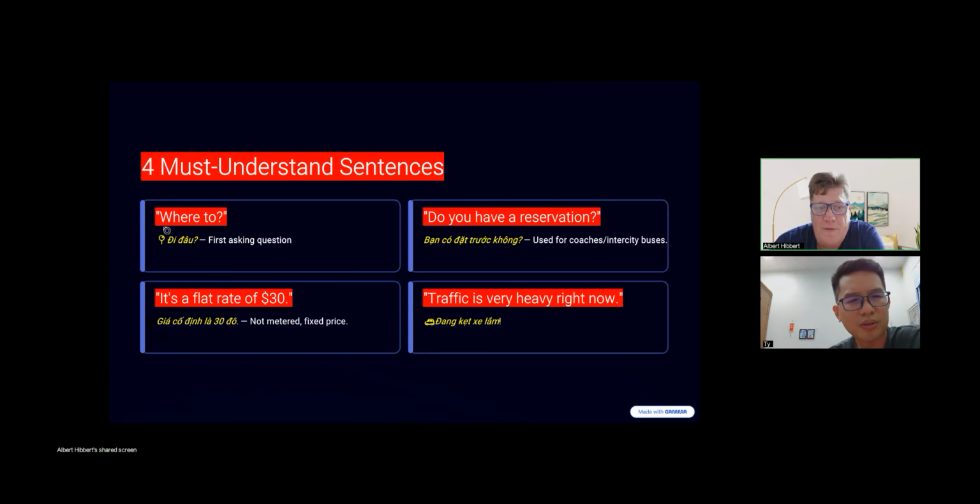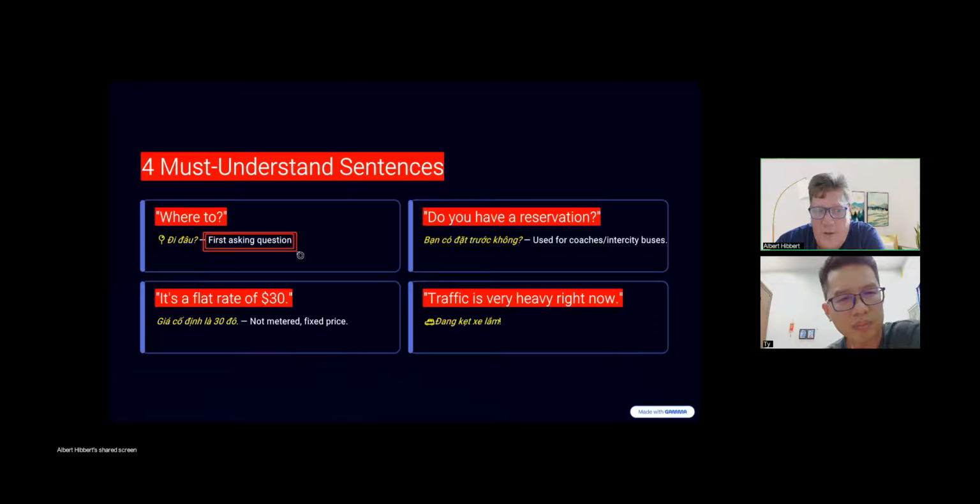When you get onto a bus, you will ask the driver, where is this bus going to? Or is this bus going to Noi Bai Airport? You want to know, before you get onto the bus, is this bus going to the place where you want to go? So this will be the first asking question.